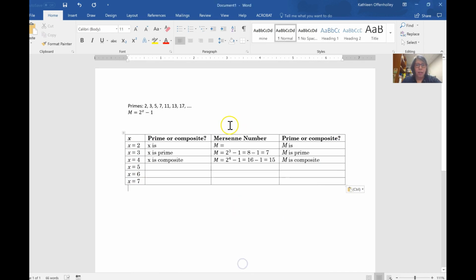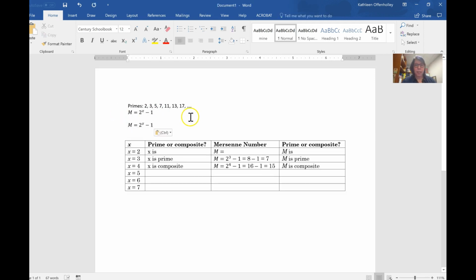So if we look at this formula, M equals 2 to the x minus 1 is what that formula is showing you. So for example, when x is 2, let's see if we can use the formula. Where we see the x, we want to put a 2.